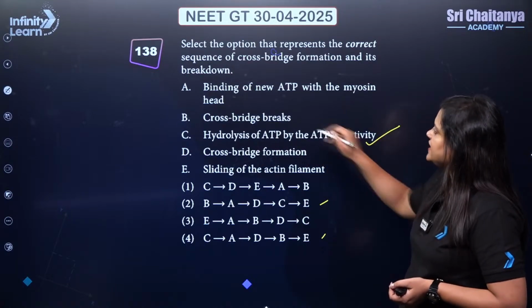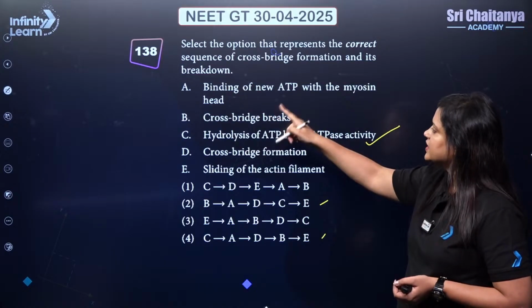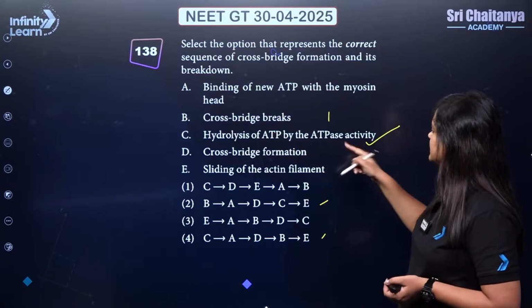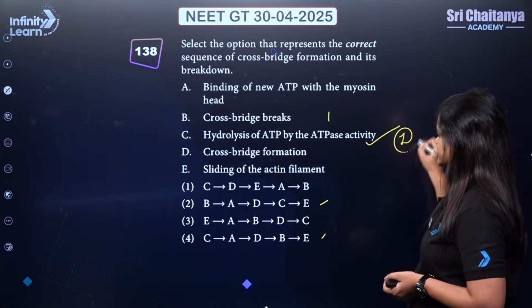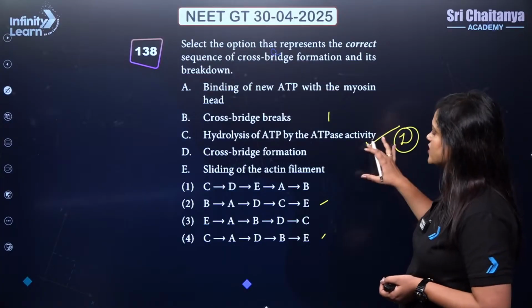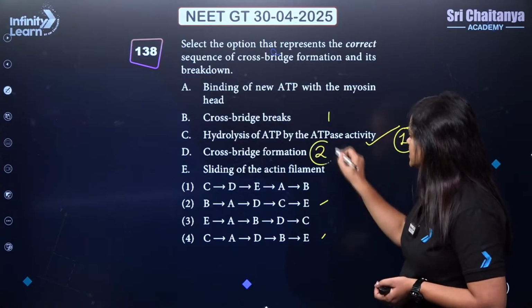Now binding of new ATP with the myosin head. First we will go with hydrolysis of ATP by the ATPase activity. After hydrolysis there is a release of energy, because of which there will be formation of cross-bridge. So this will be 2.